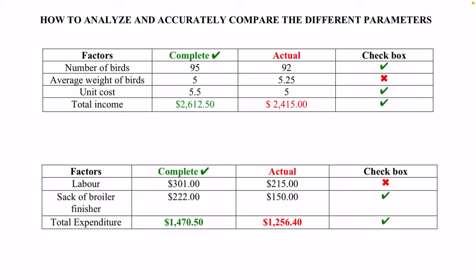We use this same concept for the other two factors as well, both for the expenditure and the surplus. Here in the expenditure section, labor and the cost for broiler finisher were the two main factors that stood out when comparing the items for both the projected expenditure and the actual expenditure.